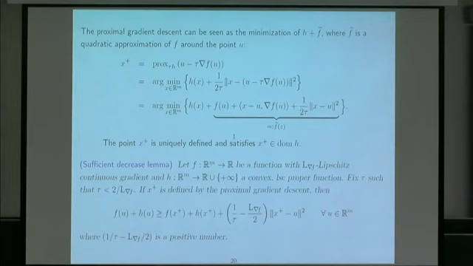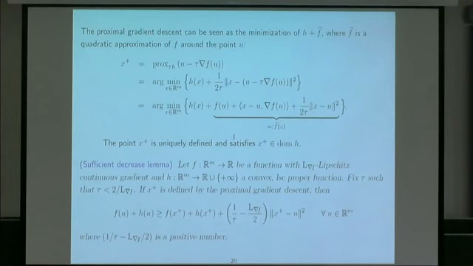The sufficient decrease lemma, this is the new iterate, this is the old iterate, and you see that this will be very helpful in the proofs. We will largely exploit this fact for the convergence proof.